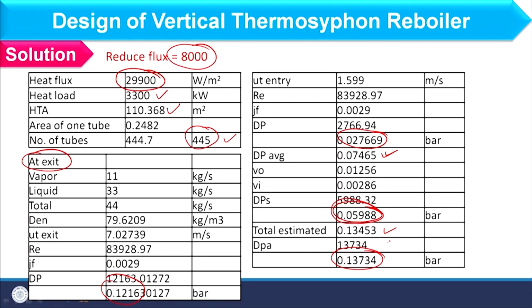So, here condition is satisfied. It means the recirculation ratio as 3:1 will be maintained, right.